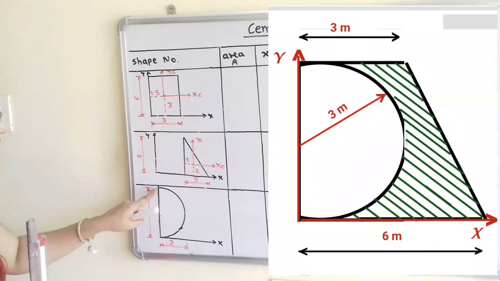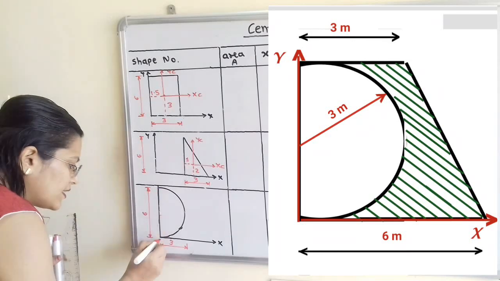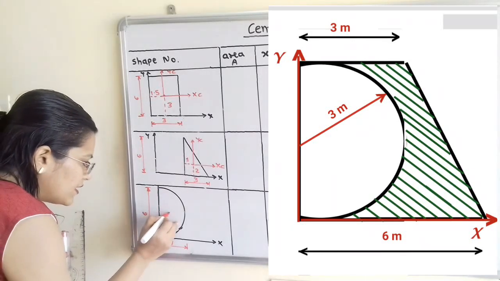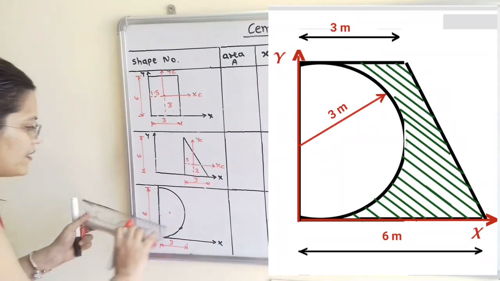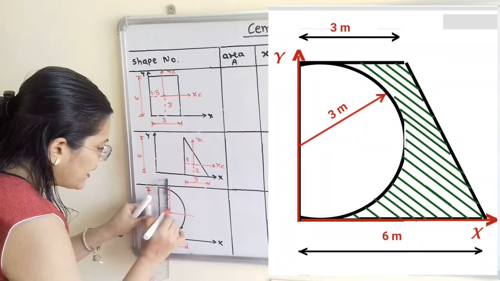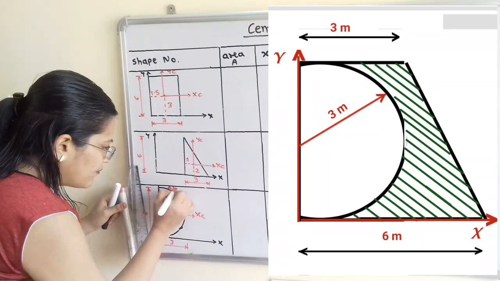Now for the semicircle we will select the centroid. We have to select the middle point of this height, that is at a distance of 3, and we will select one point, and then we will show the axes, that is the x-axis and y-axis. So it is known as xc and yc.